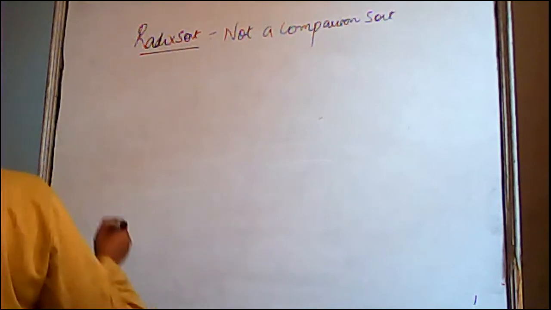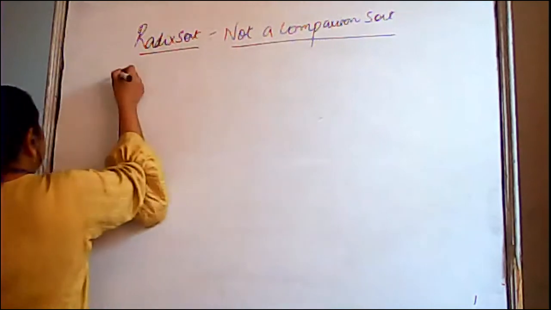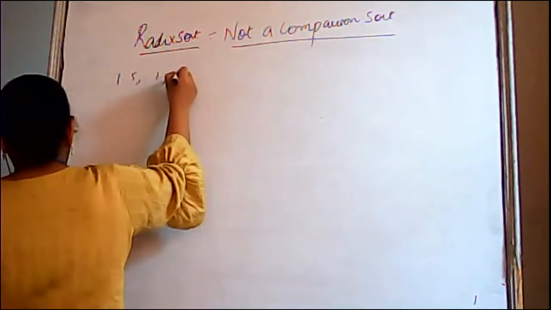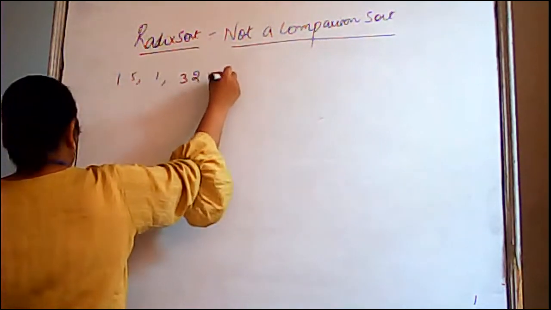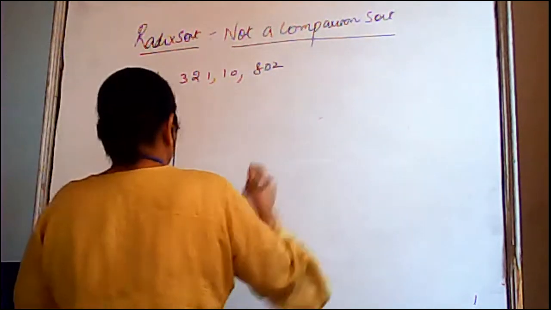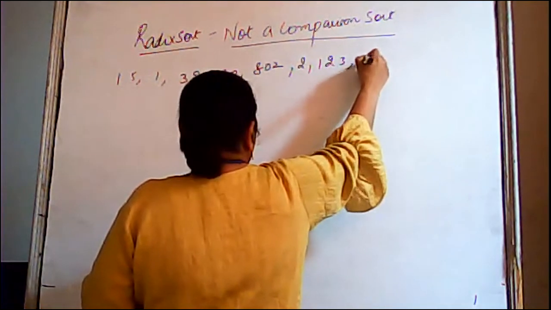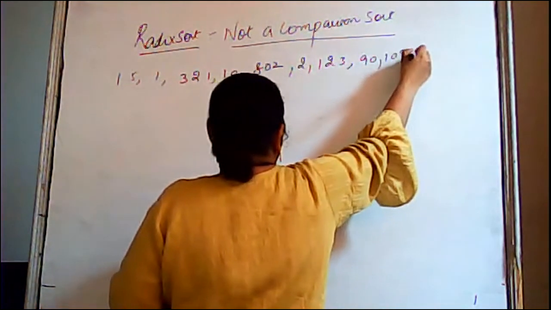This is not a comparison sort, but we have to sort the elements. So for example, the elements which are given to us are 10, 802, 2, 123, 90, 109, 11.